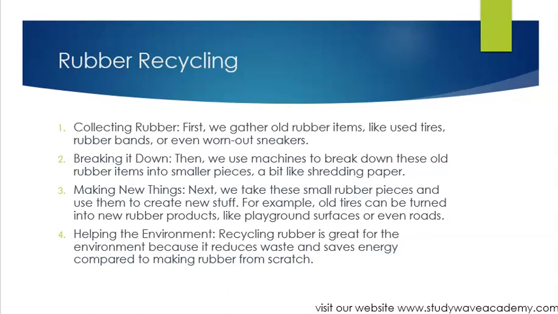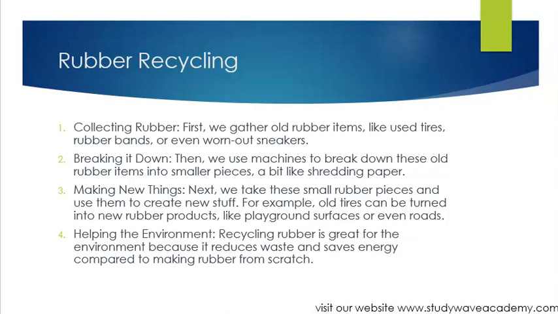Rubber technology is the science and method we use to make things from rubber. Then we looked at the difference between natural and synthetic rubber. We said natural rubber comes from rubber trees. It's from nature. And synthetic rubber is made in the lab using chemicals, right?